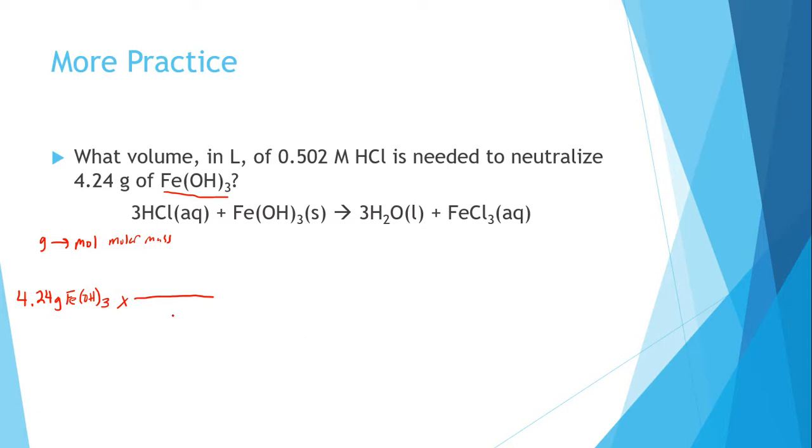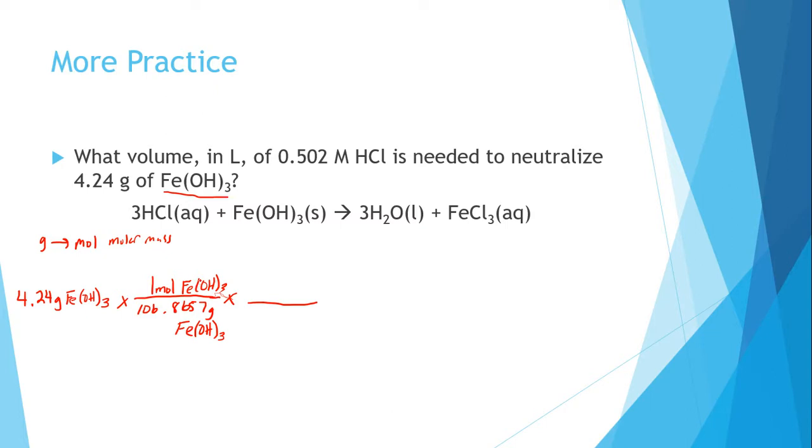Our molar mass of our iron 3 hydroxide is actually going to be 106.8657 grams, and this is grams of your iron 3 hydroxide. Now, this is grams per 1 mole because that's what molar mass is of my iron 3 hydroxide.